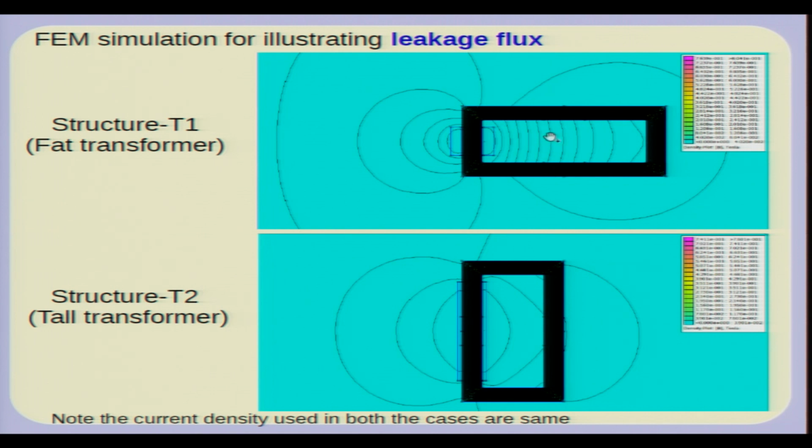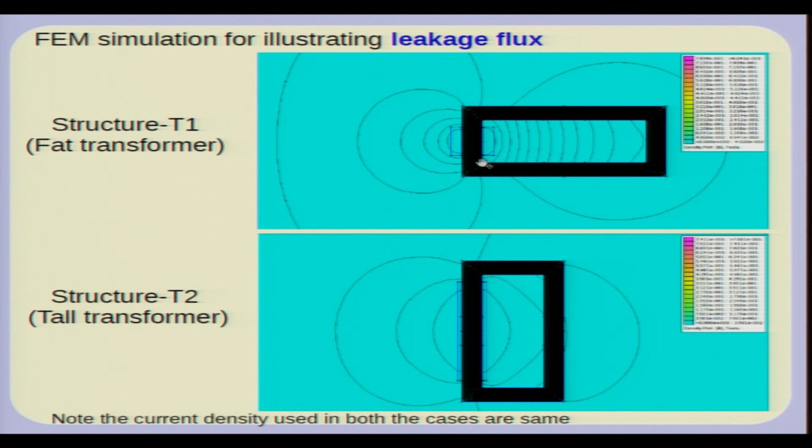You will find that there is much more flux going in the air path in between these two limbs. Okay. For the taller transformer, you see that the amount of flux density which is leaking out and not flowing into this limb is in fact much lower, and so you will have lesser leakage flux.